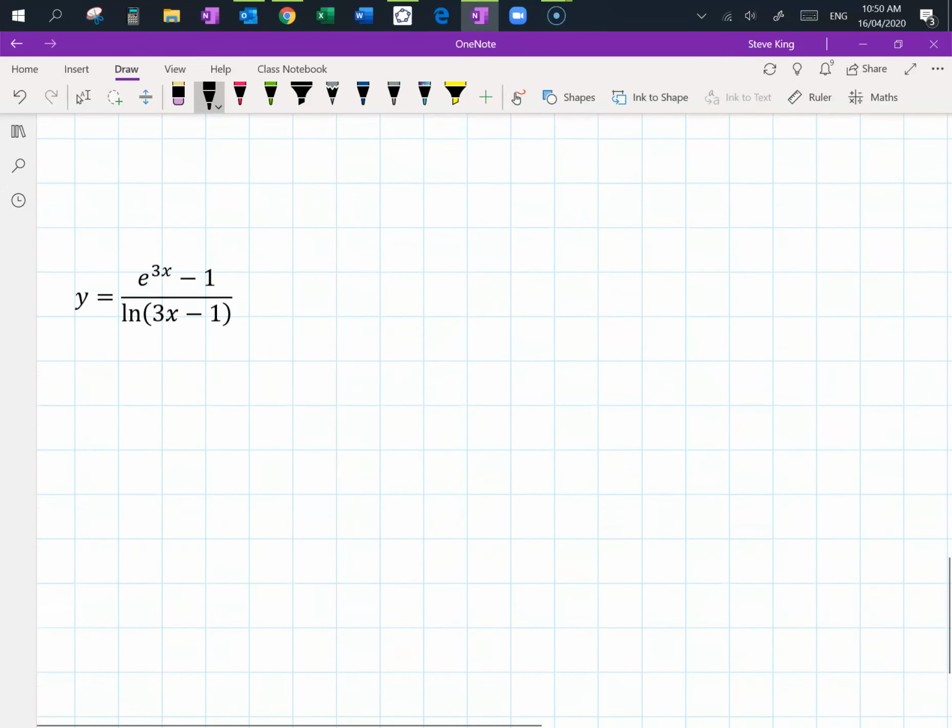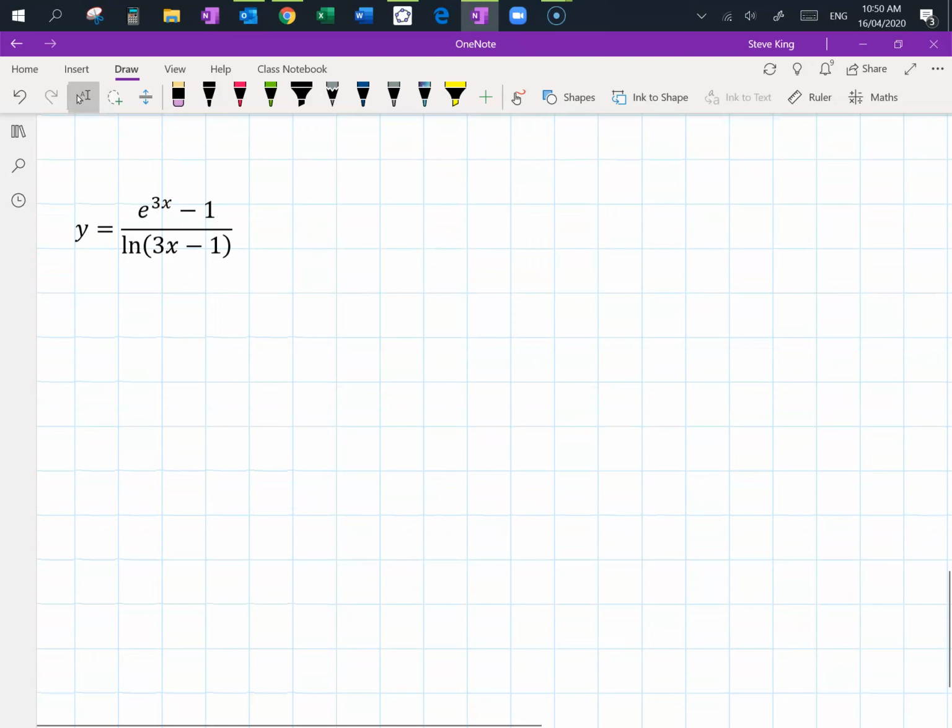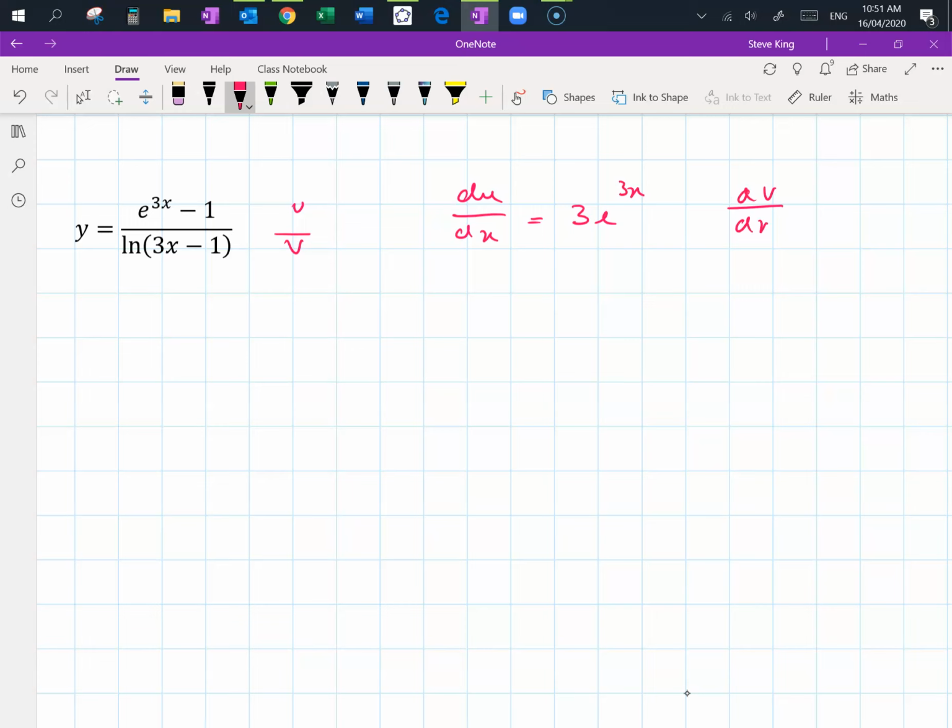And finally, because we've dealt with them already, we're going to deal with the quotient. Here is u, there is v. So let's get, first of all, what is du dx? That's simply going to be 3e to the 3x. dv dx, that is going to be the derivative of what's inside my bracket.